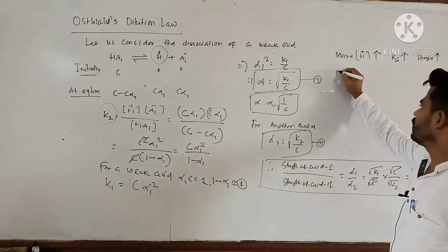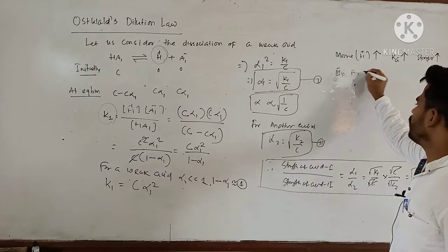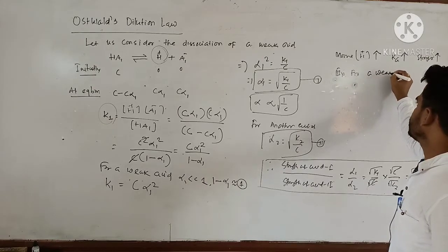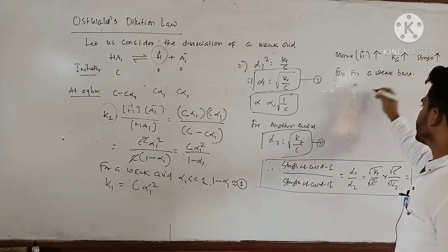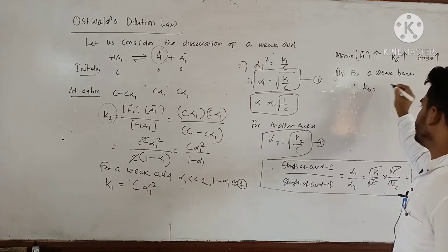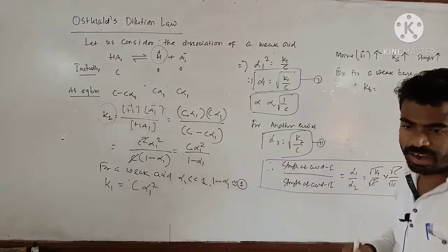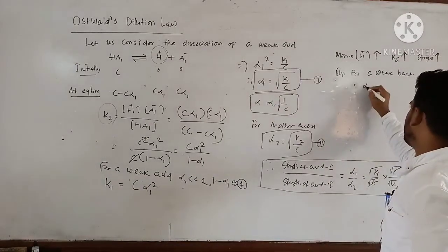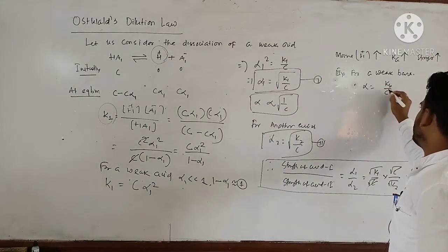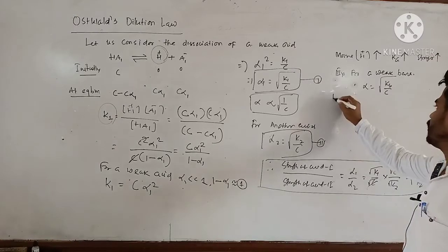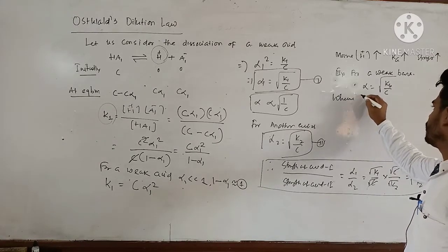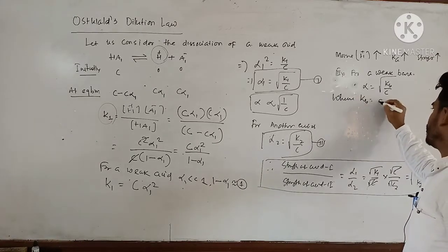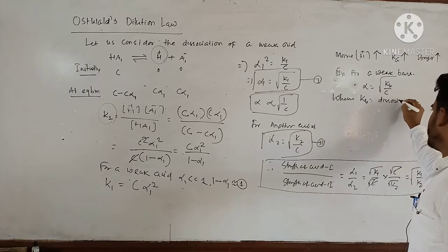Similarly, for a weak base, what can I write? Alpha is equal to root over of Kb by C, where Kb is the dissociation constant of the base.